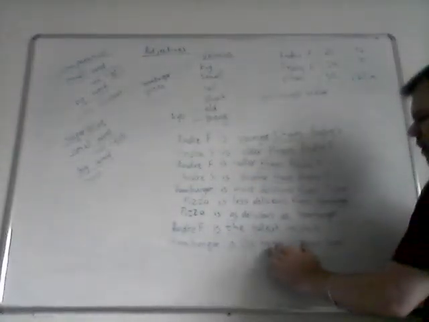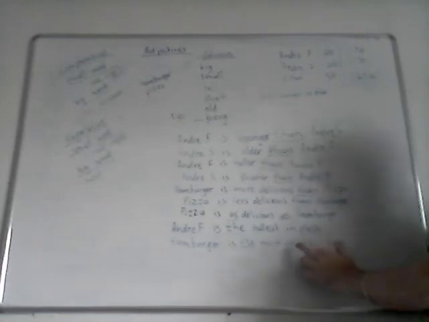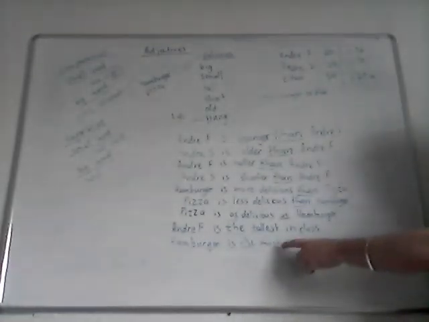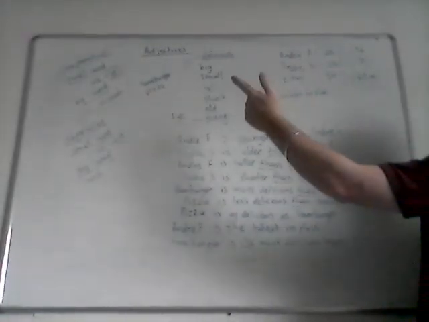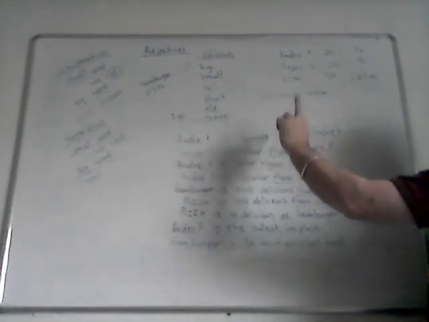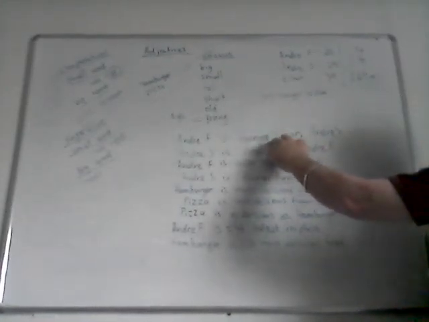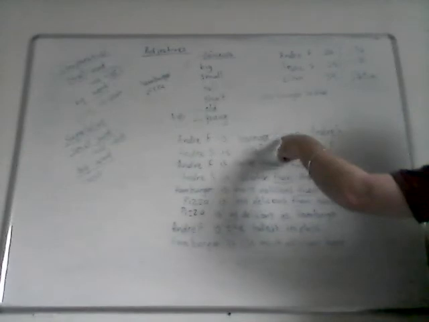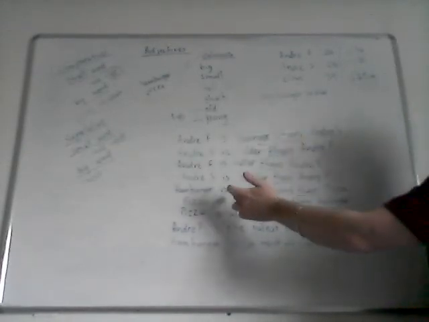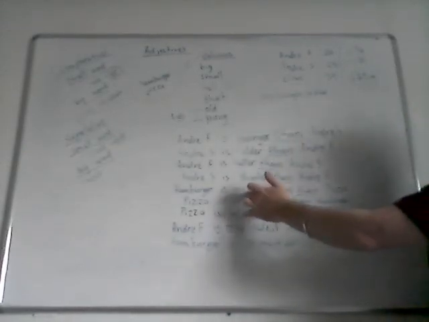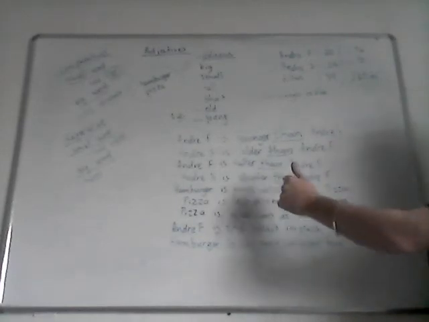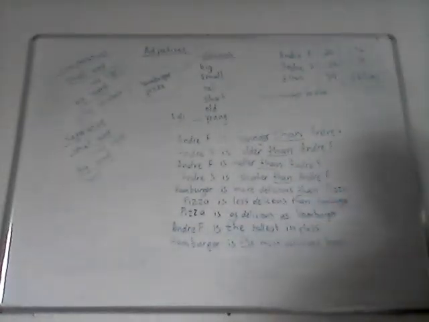E eu vou adicionar most antes do adjetivo. E eu não vou modificar o adjetivo. Okay. No comparative, younger, eu vou adicionar er no adjetivo. E eu vou usar than depois. E para a palavra grande, more delicious, eu não vou modificar de novo. Eu vou usar than depois.